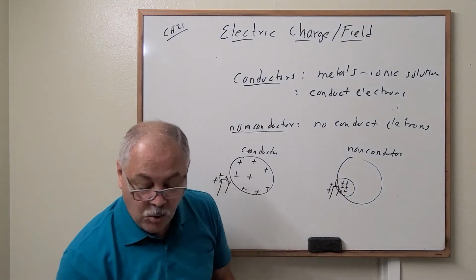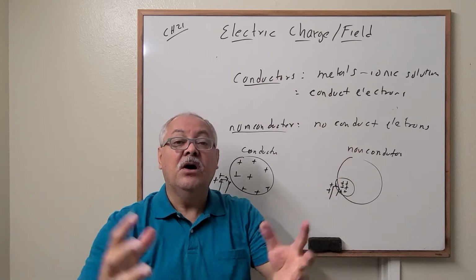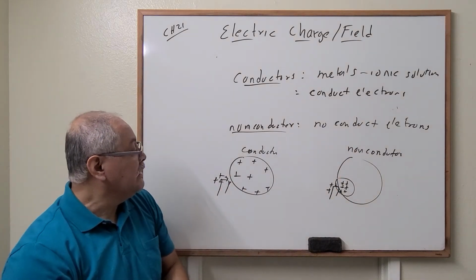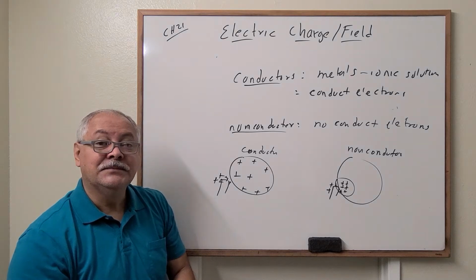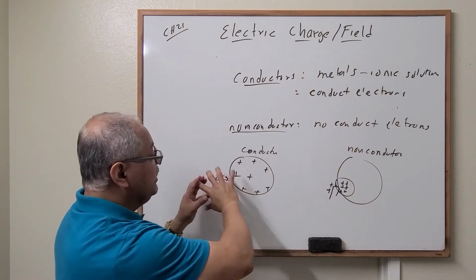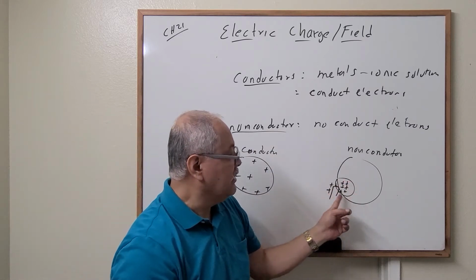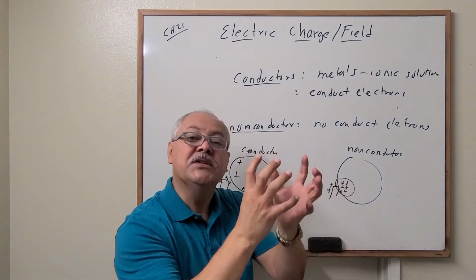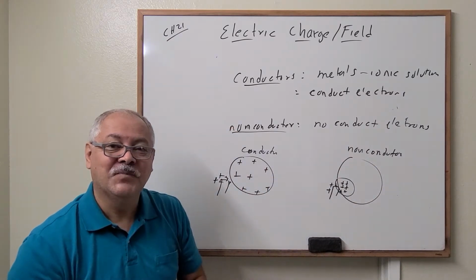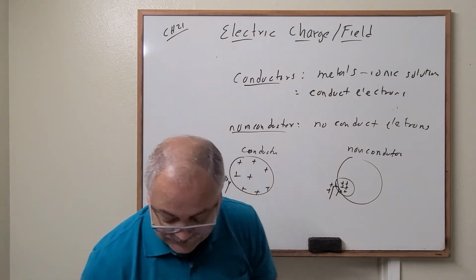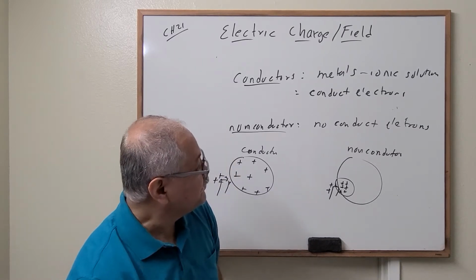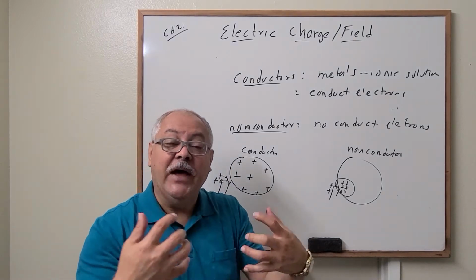It doesn't cover the surface of this object like in the conductor. So this is the difference: in a conductor the charges are conducted, in a non-conductor the charges are not conducted. They stay in one spot.